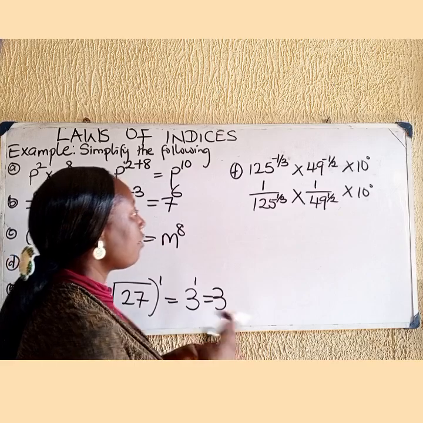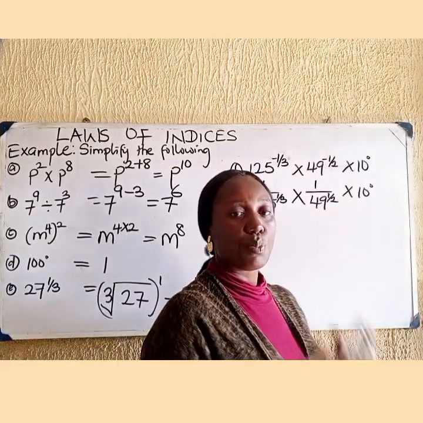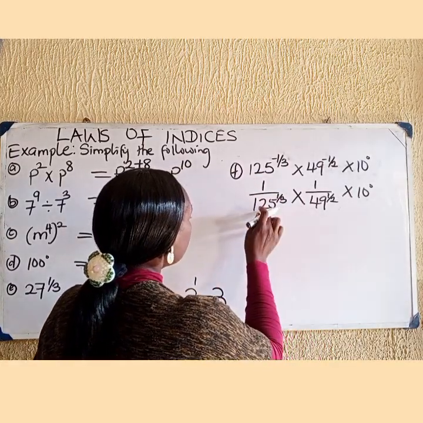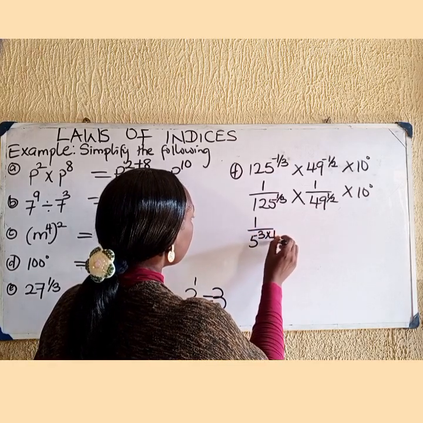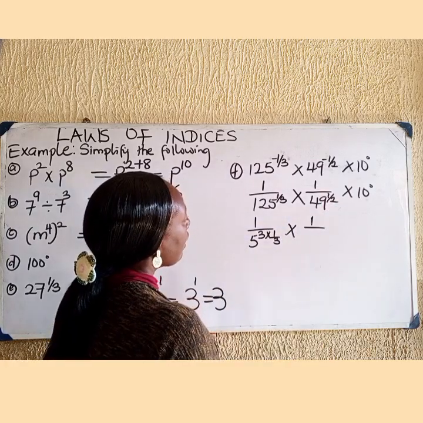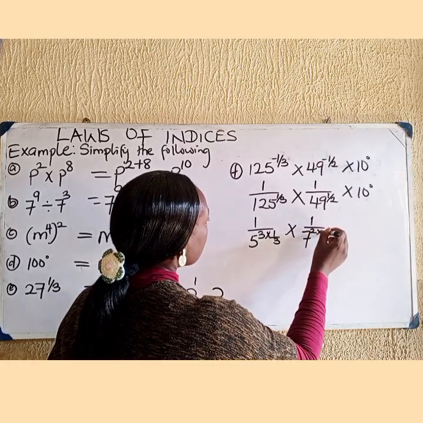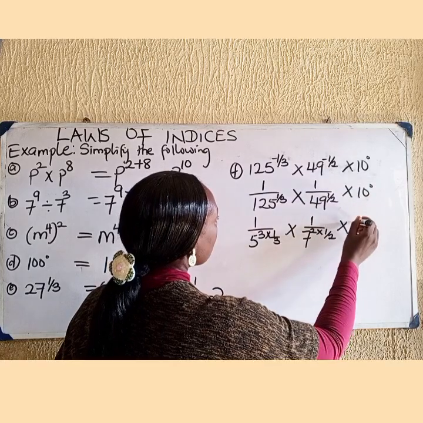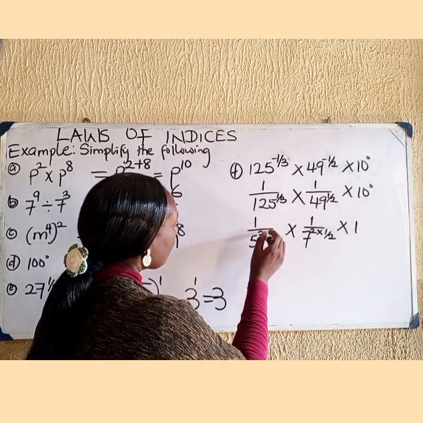Now, this 125, I can simplify it as 5 raised to power 3. So I have 1 over 5 raised to power 3 times 1 over 3, times 1 over 49, which I can write as 7 raised to power 2 times 1 over 2, times any number raised to power 0, which is equal to 1. Now coming to this place, 3 can cancel 3.